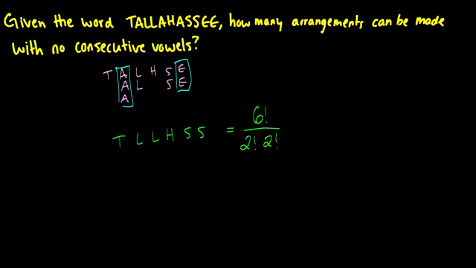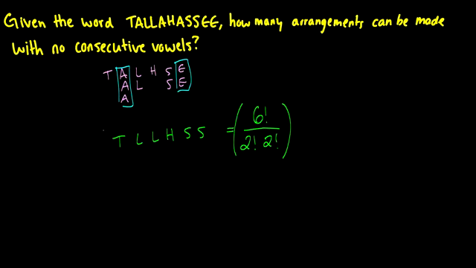So here's the first part. We're going to have to multiply this by something, but how do we figure out what to do with the vowels? Remember that order does not matter. Where can we place the vowels here?